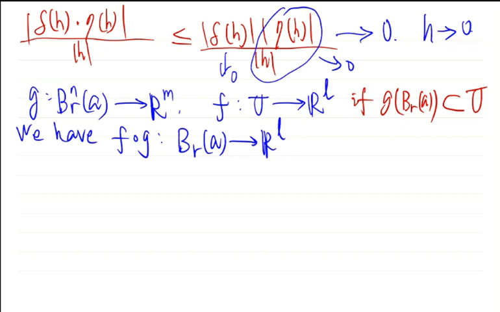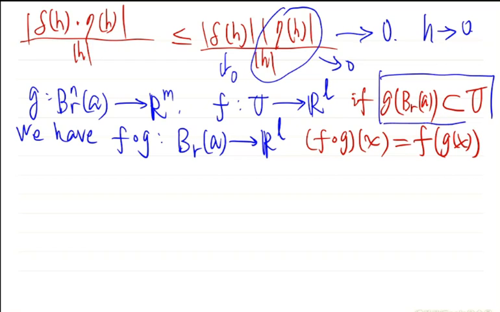The composition is given by the value of the composition at the point x being F of Gx. This is meaningful because by this condition, Gx is a point in the domain of definition of F. Therefore, we can apply F to Gx to obtain a value in Rl.